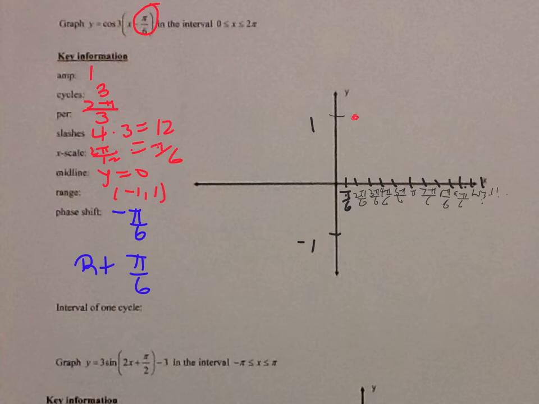So I had to shift over to the right by pi over 6 and put my max at pi over 6. So now since I'm at my max, I have to start going down to my min. So I'll be at the midline and then down to my min and then my midline, max, midline, min, midline, max, midline, min, and midline. Okay, so it looks like this.